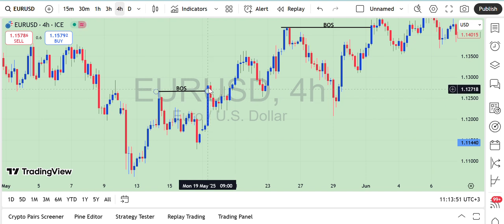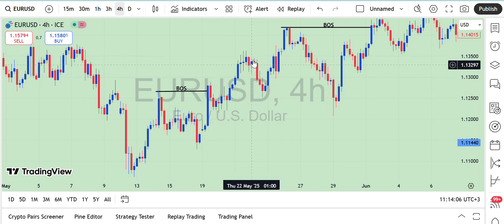After we broke this structure, there was this small pullback here. This is a major inducement because it formed after a major break of structure. And the next one is also a major inducement because it formed after this break of structure.